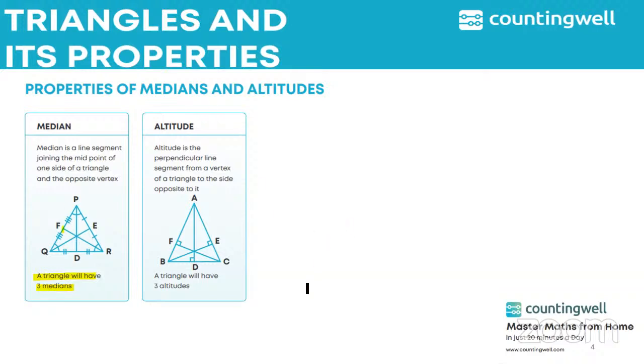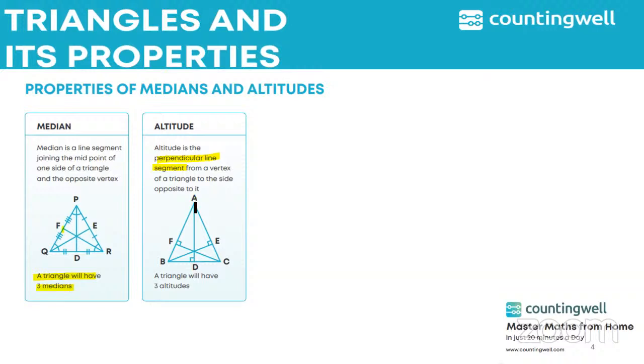Let us see what is an altitude. An altitude is the perpendicular line segment from a vertex of a triangle to the side opposite to it. So here you can see the vertex A is opposite to the side BC, and here a line segment is drawn from A which is perpendicular to the line BC.